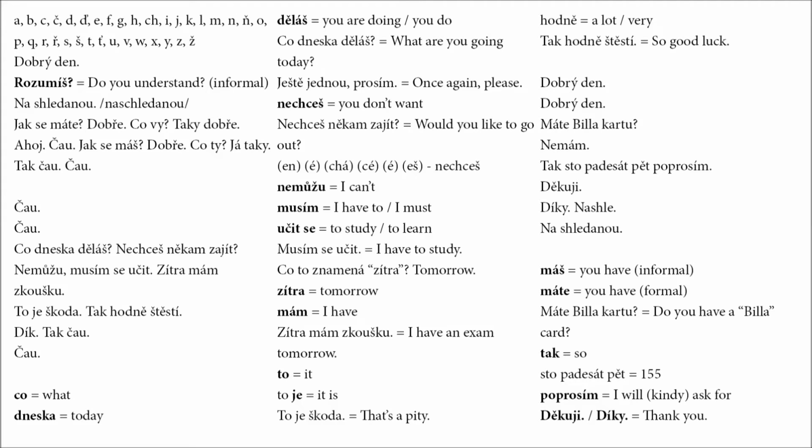C. So TS is C. Nechceš, chceš. So now A and A. Nechce. Nechceš. And now S. Not S, but eš. There's a háček. Nechceš.